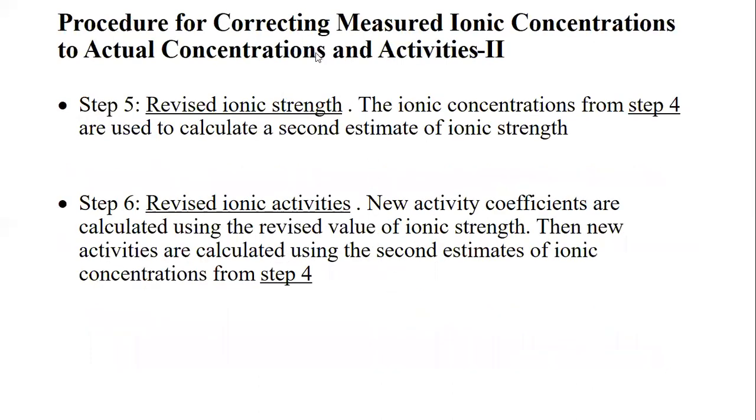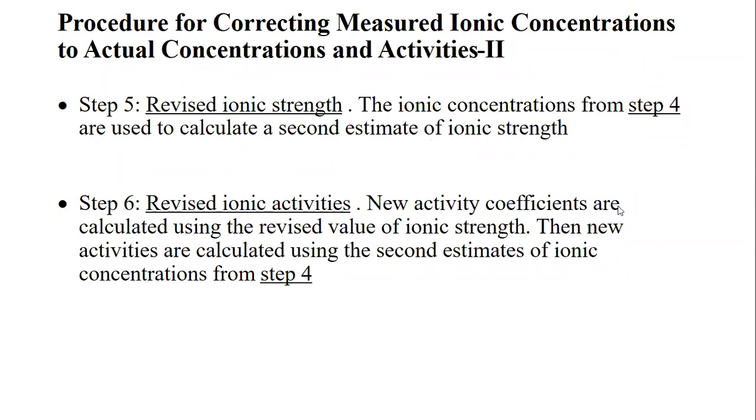Next, if I have new concentrations of the different species, I calculate a revised ionic strength, which will be closer to reality. The ionic concentrations from step 4 are used to calculate a second estimate of ionic strength. Then step 6, revised ionic activities.